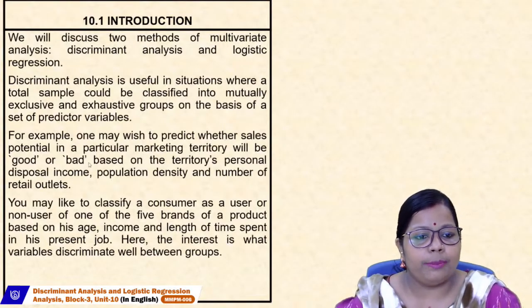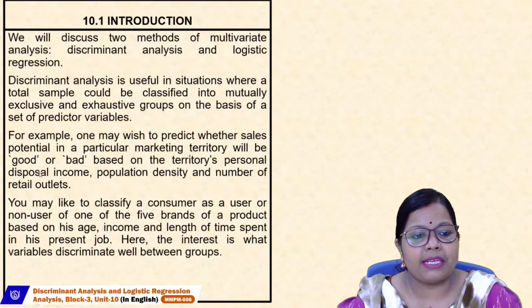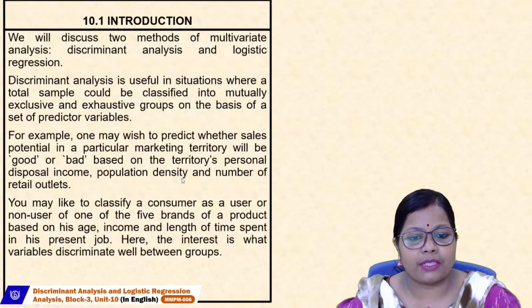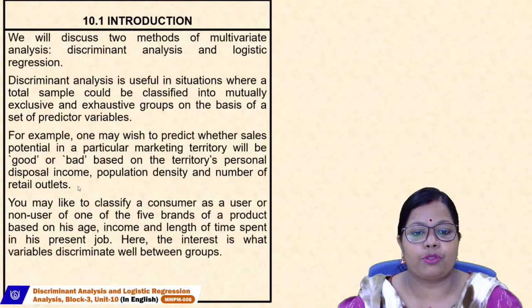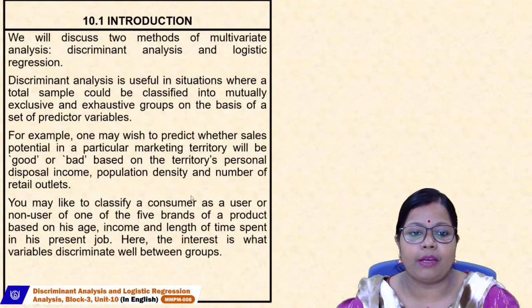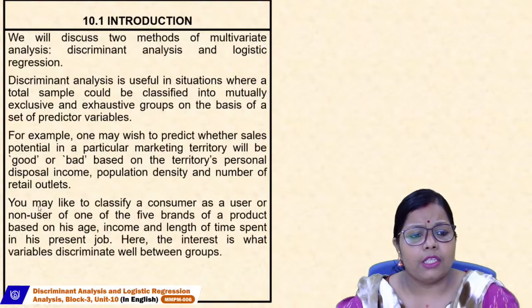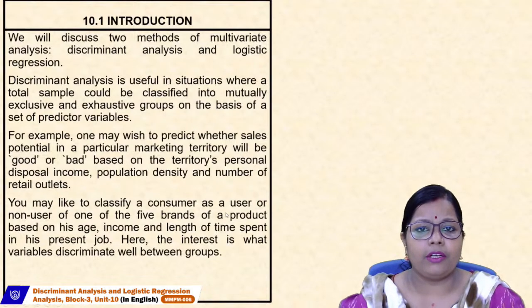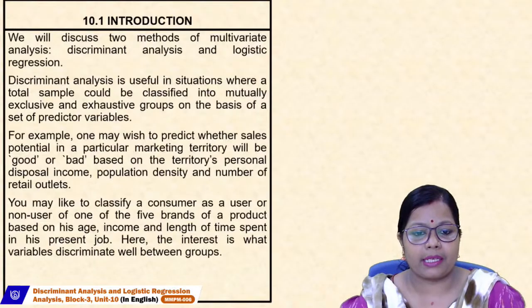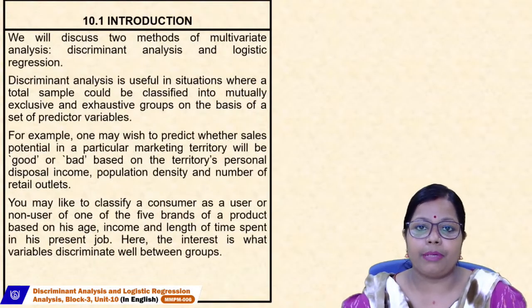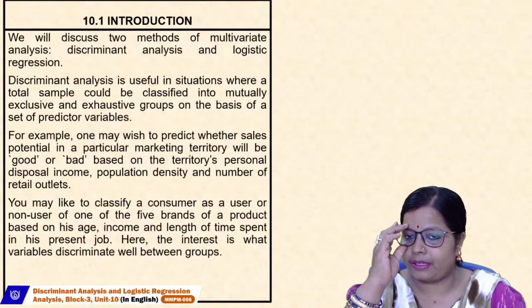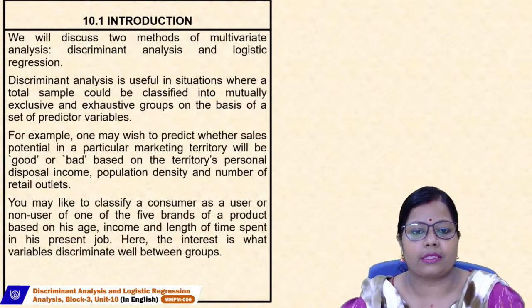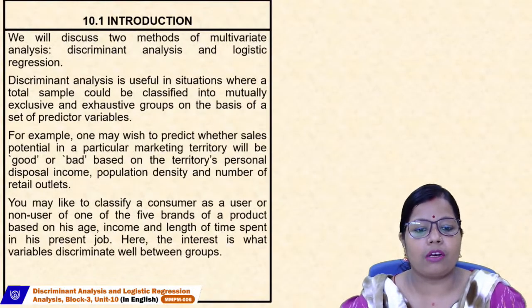So it is a case where we can apply discriminant analysis. Here, good or bad is based on the territory's personal disposable income, population density and number of retail outlets. So here we have a set of independent variables. We may also like to classify a consumer as a user or a non-user. In marketing research, for a particular brand or product, I can distinguish two categories: a user of this product or a non-user of that brand.